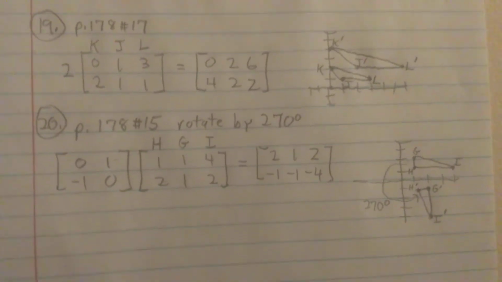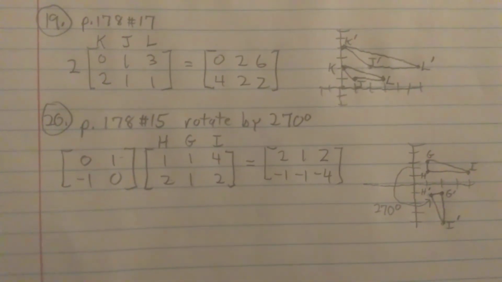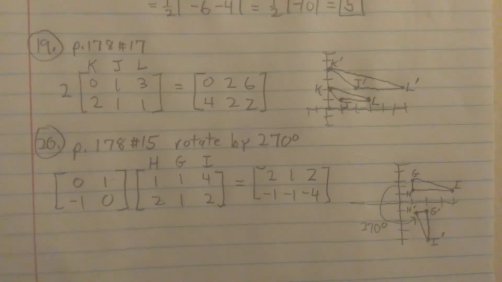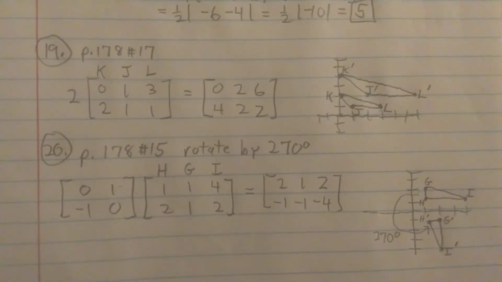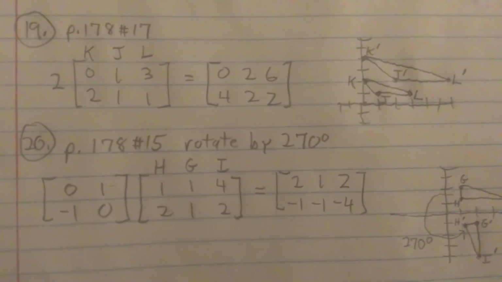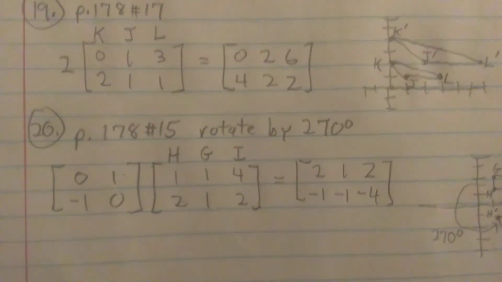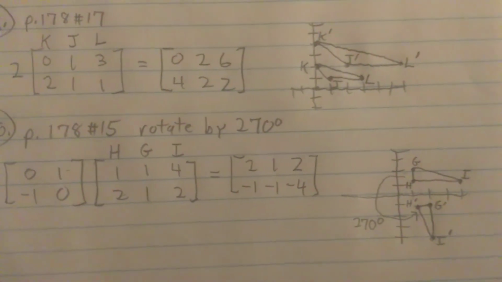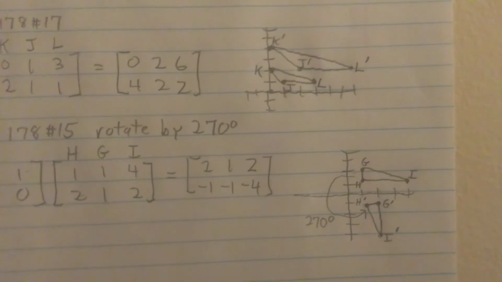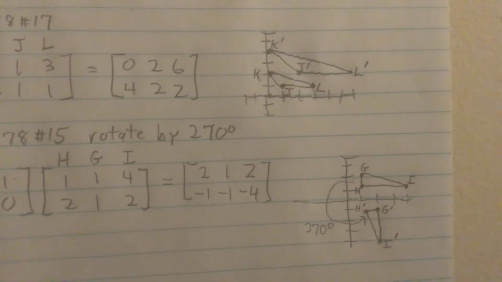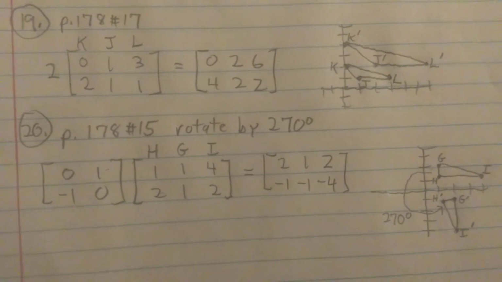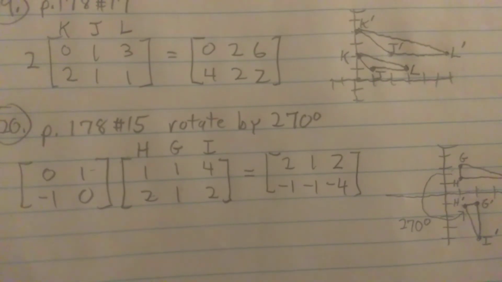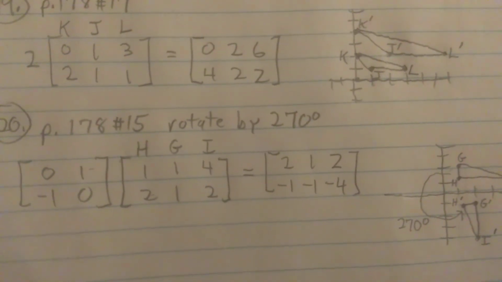And the last problem, page 178, number 15, is rotate the points H, G, I by 270 degrees. And on 2 pages preceding, it shows the matrix for the 270-degree rotation as 0, 1, -1, 0. And if I multiply that by the point H, which is 1, 2, the point G, which is 1, 1, and the point I, which is 4, 2, which is shown as the triangle in quadrant 1, then when I multiply that, I get the bottom row for HGI becomes the top row, the y's interchange with the x's.